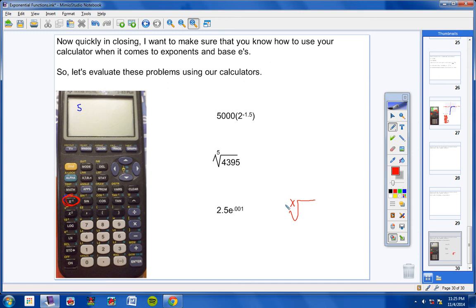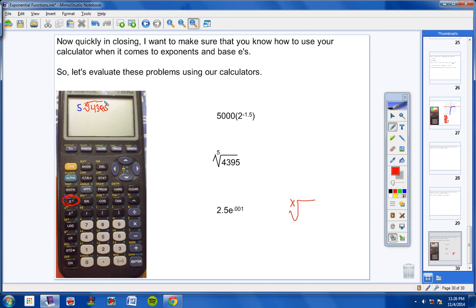And when you do that, this should pop up, okay? There should be an X here and a root. Now, some of you have a newer TI, so the 5 might actually go right up here. Either way, this is how you would type it in, okay? And then type in 4,395.